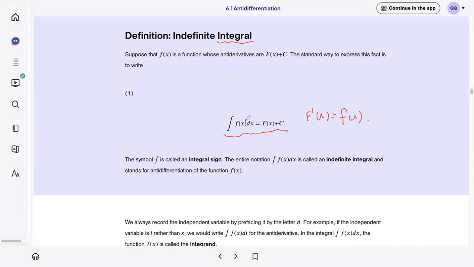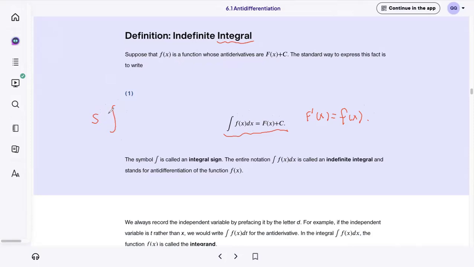That's the relationship: the derivative of the capital F is the lowercase f. And this symbol, think about the letter S. You elongate this S, stretch it into this sign. This is called an integral sign.